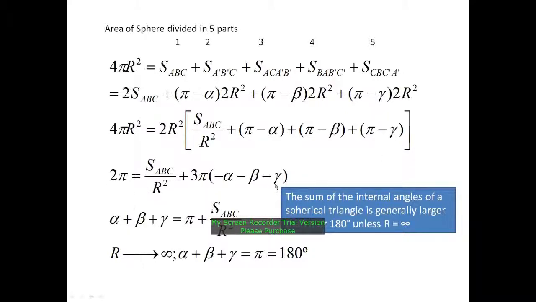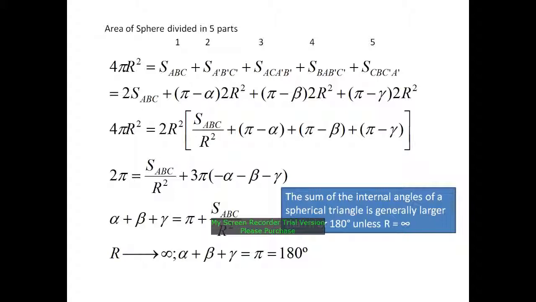And you just follow the obvious algebra through here, and you get the sum of the internal angles of any spherical triangle on the surface of a sphere: alpha plus beta plus gamma, the internal angles at vertices A, B, and C of any random triangle, is pi, or 180 degrees, plus the surface area ABC of the triangle divided by r squared.